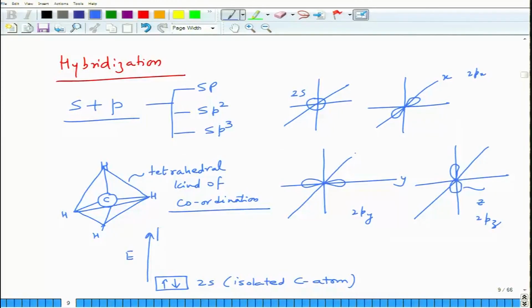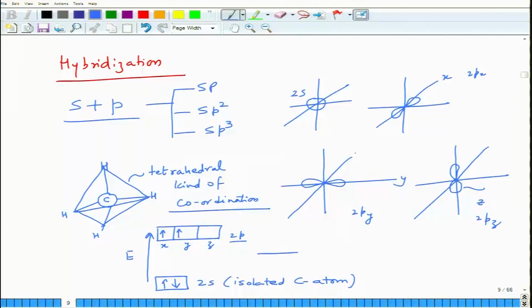Whereas in case of p we have 3 orbitals, this is up and this is empty, okay. So this is x, this is y, this is z and this is 2p, all of them are 2p, 2px, 2py, 2pz.